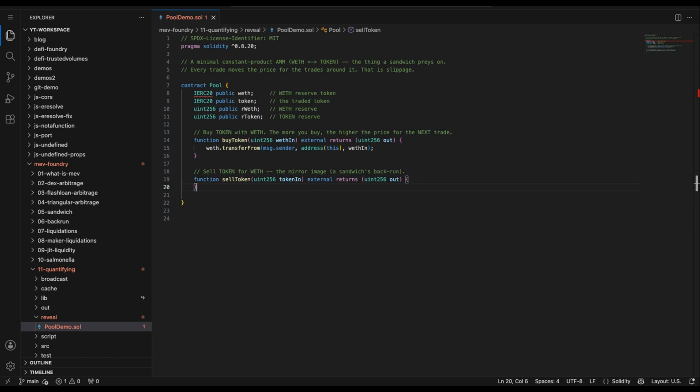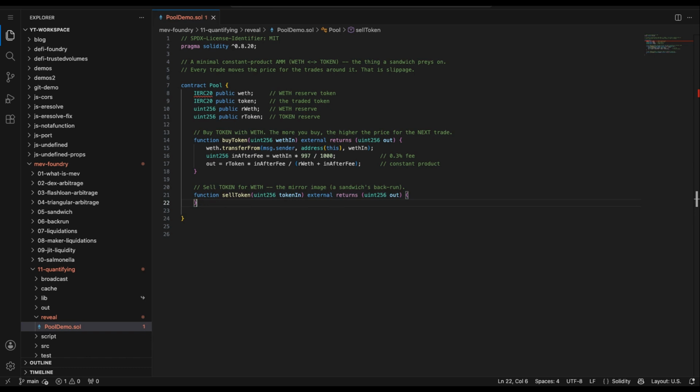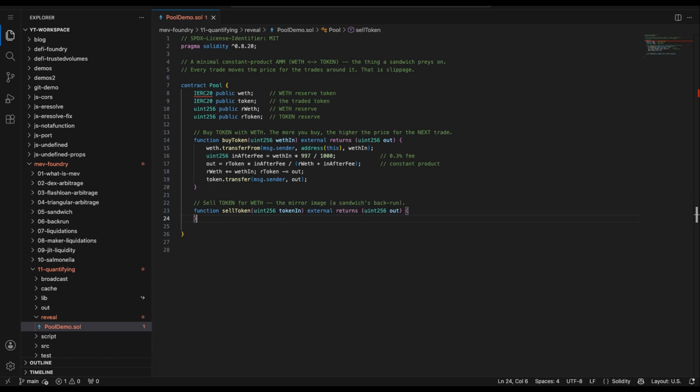Buying tokens means you put WETH in and take tokens out, priced by the constant product formula. So the more you buy, the higher the price climbs for the next person. That's slippage, and it's exactly what the sandwich exploits. Selling is the mirror. A tiny fee is taken on the way in. This is the whole engine a sandwich preys on. Every trade moves the price for the trades around it.